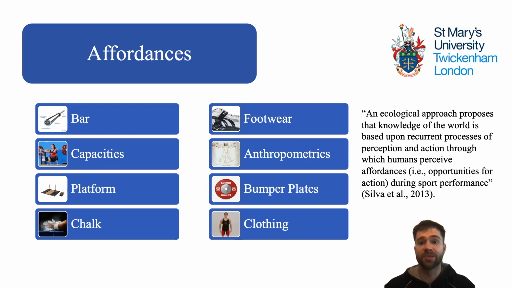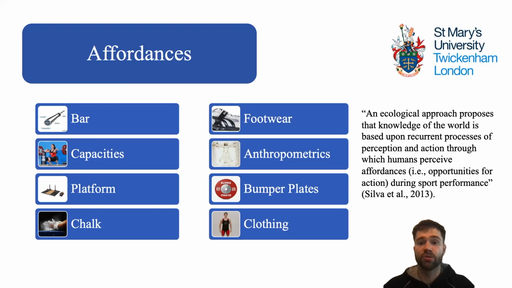Obviously, the way we perceive something will dictate the way we act upon something, and whether we can afford it or not will also dictate the amount of intent we put towards the exercise, also influencing our perception towards the exercise. So in relation to weightlifting, some of the affordances are listed on this slide.